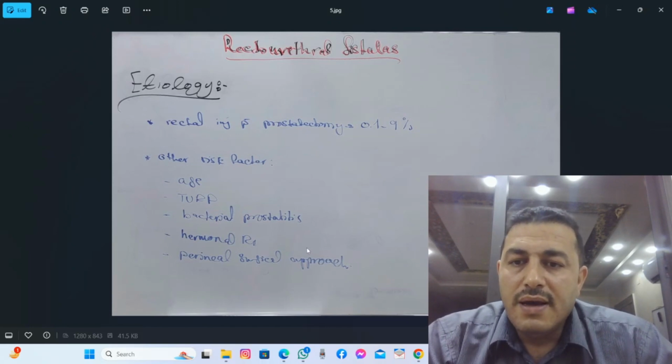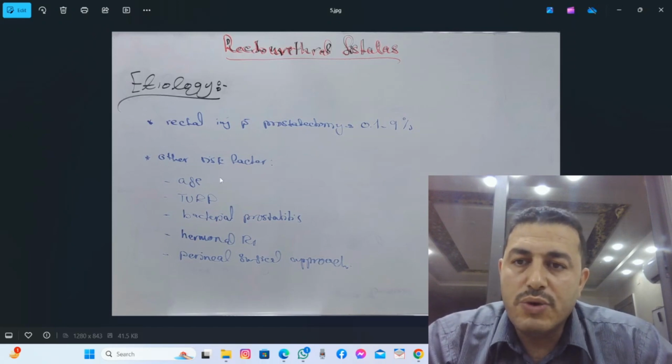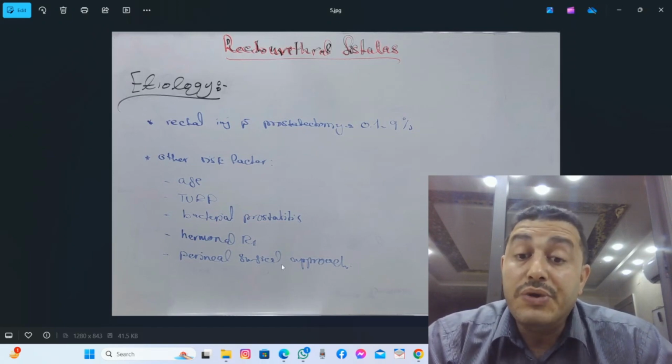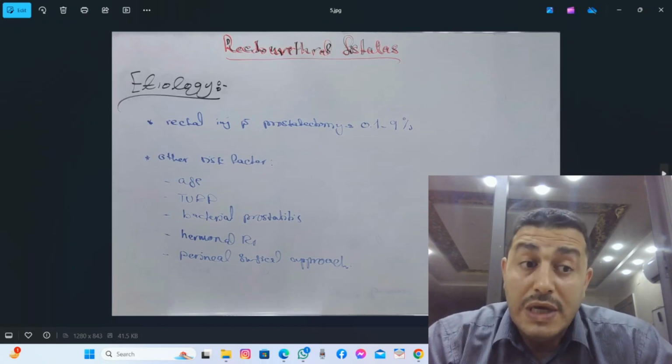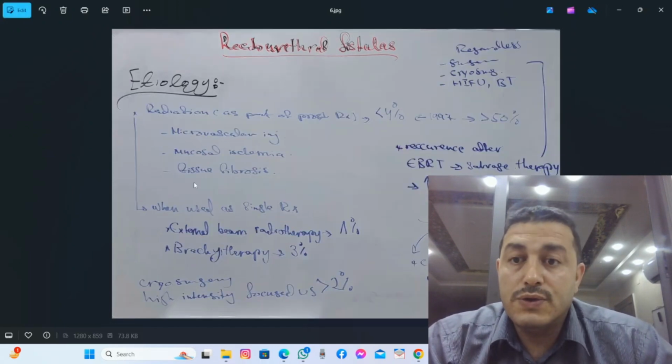Let's say the less common risk factors: age, of course, the more advanced the age, the more likely to develop fistula; TURP, bacterial prostatitis, hormonal treatment, and perineal surgical approach are also associated with higher fistula rates.